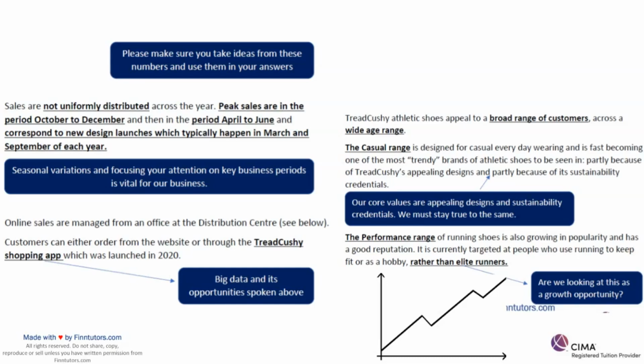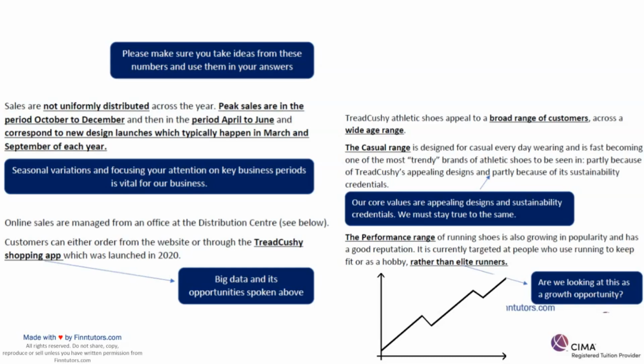And they correspond to new design launches, which typically happen in March and September of each year. Which means once there is a new design launch in March, April to June, lots of sales. New design launch in September, October to December, lots of sales. So when there are new design launches, then we hit peak sales.